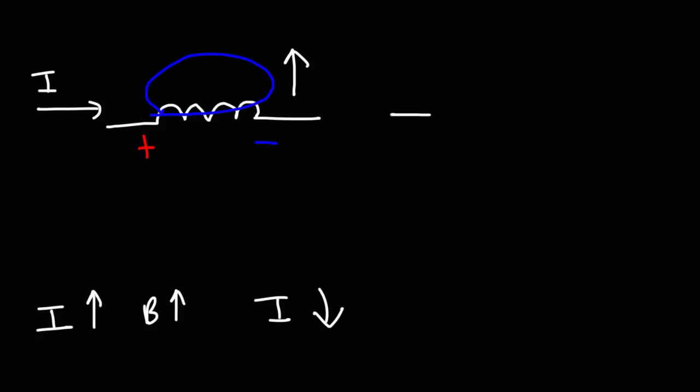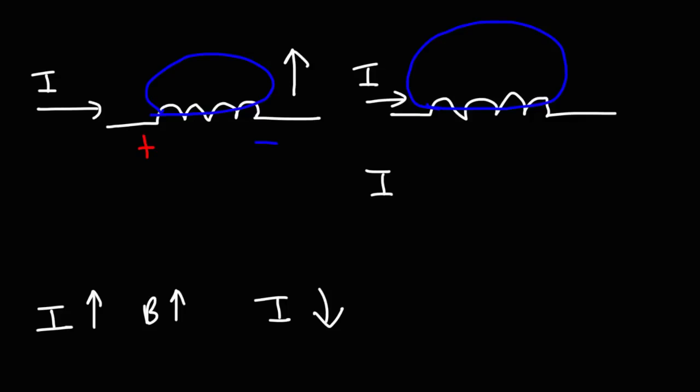Now let's see what happens when the current flowing in an inductor decreases. So that means initially, the magnetic field is very high. When the current goes down, the magnetic field will collapse. And when it collapses, the polarity across the inductor changes.